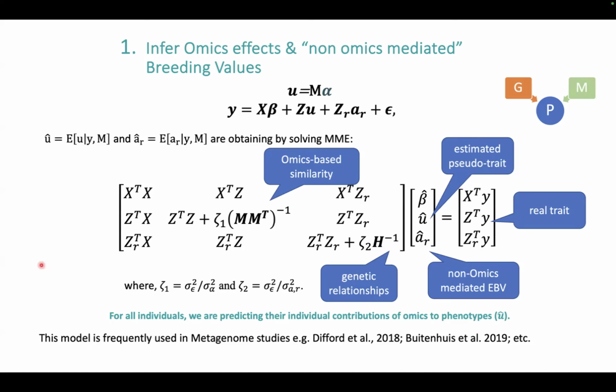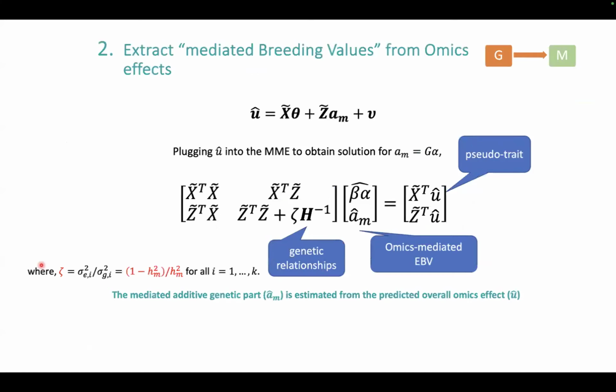Now, once you run this, you go to a second model. In the second model, you say, okay, I take my prediction of omics-based phenotype from the first one. So this is already an estimate. And you plug it here and treat it as if it was an actual trait, an observation. And then you have a model in which you just have genetic relationships.